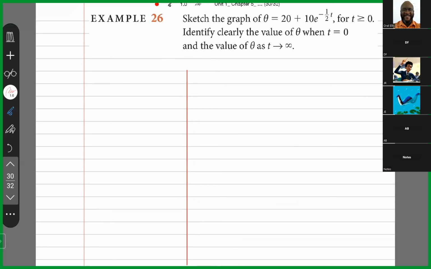First of all, let us say that this is my horizontal axis. Let's say I'm going up by 10, 20, 30, 40, 50.